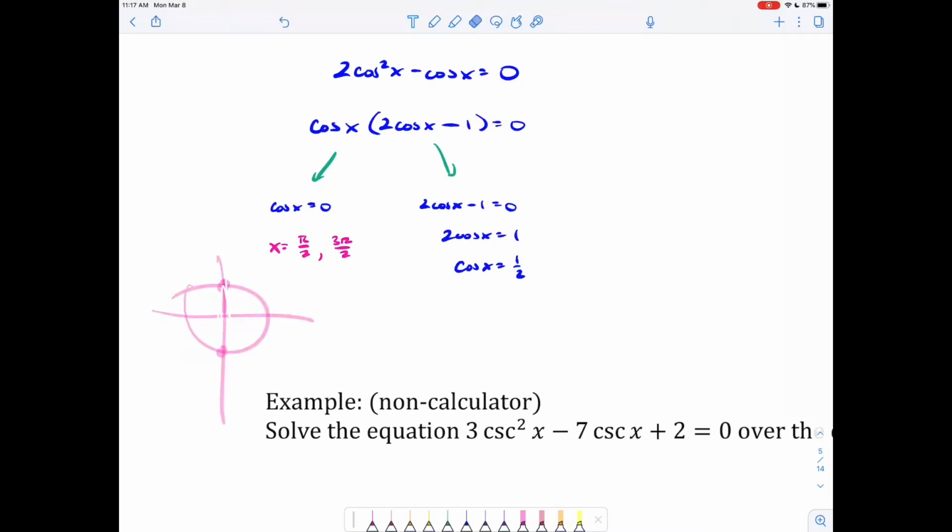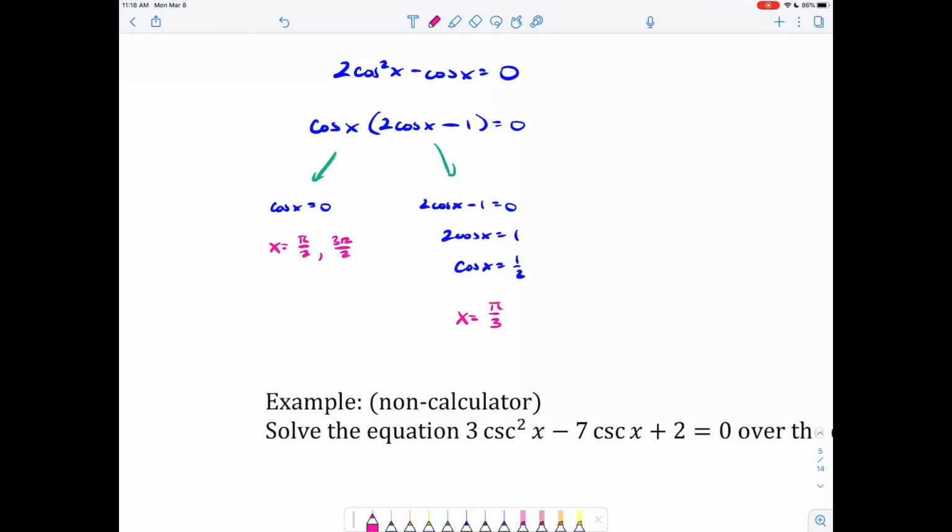Or if you don't want to do it that way, just consider what the function looks like. And we see it reaches 0 when x is pi over 2 and 3 pi over 2. But have some means of solving that one. This other one is a special triangle. It's related to special angles. Again, have some way to access it. But in any case, you should be able to get that it's pi over 3.